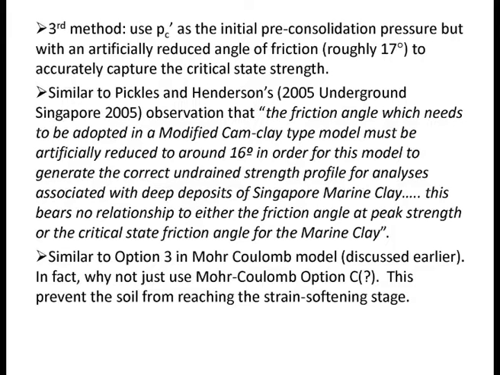Okay, so basically they are saying that you have to artificially do this, because there is a destructuration process going on. So there are several ways you can think about it. Okay, so this is the third method. Use Pc prime as the initial pre-consolidation pressure, but with the artificially reduced angle of friction to accurately capture the critical state strength. Okay.